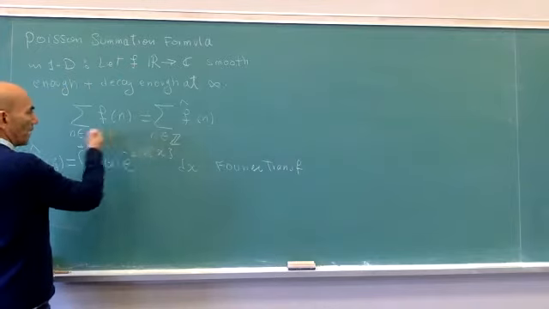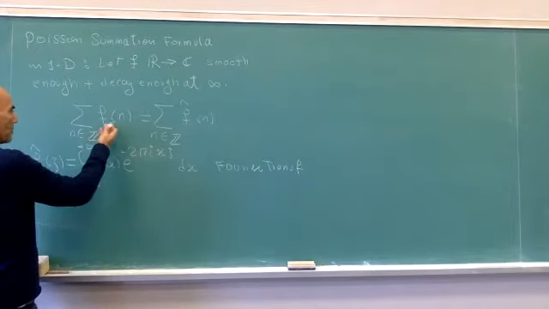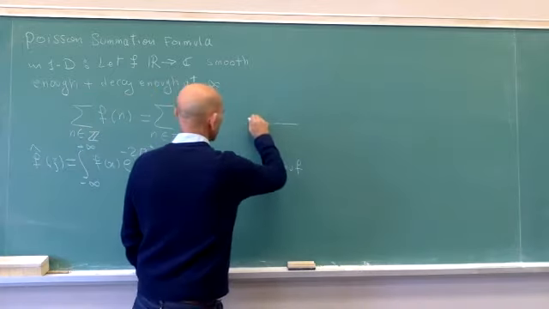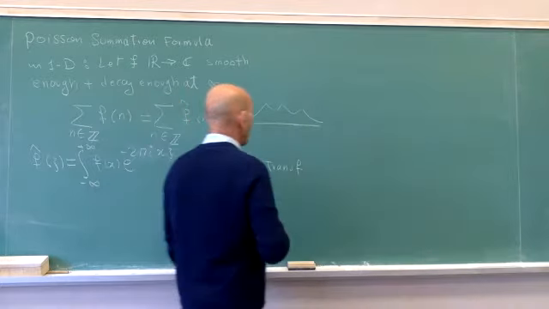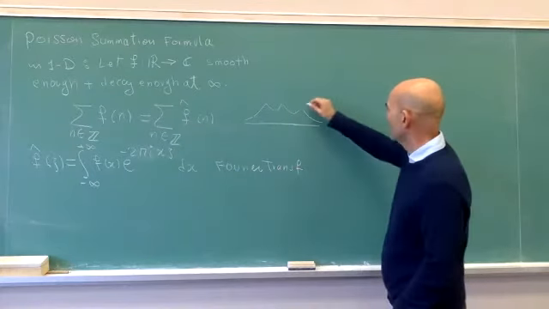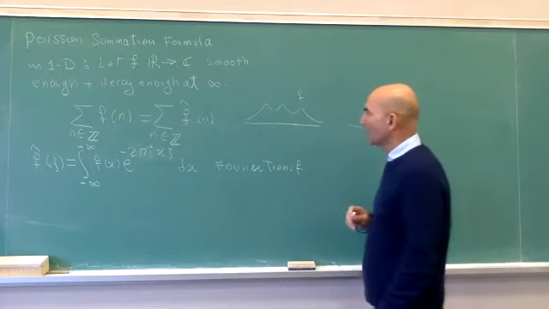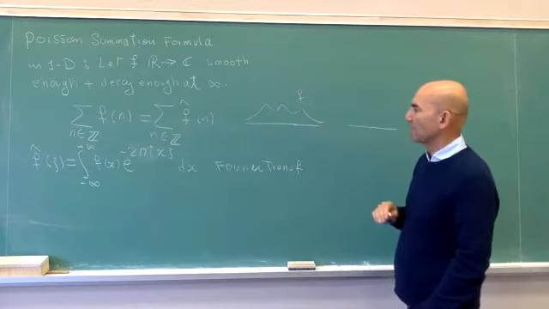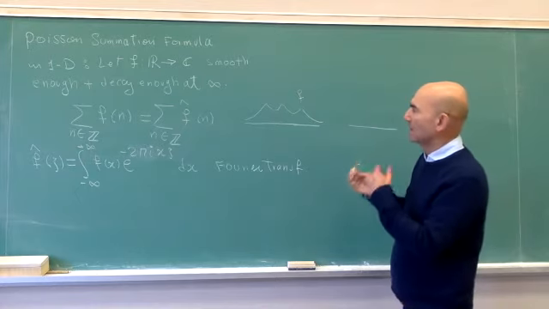If you look at it, it's an amazing formula, right? It's a summation of values of f. Then f hat looks quite different from f, except that if f is very spread out, f hat is narrow, and things like that.